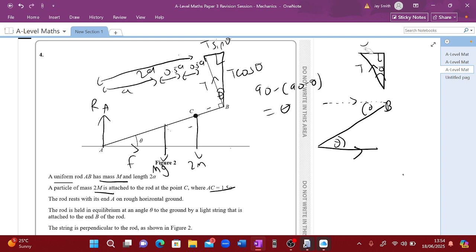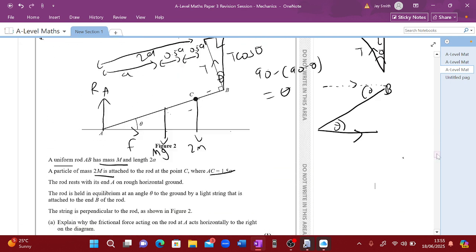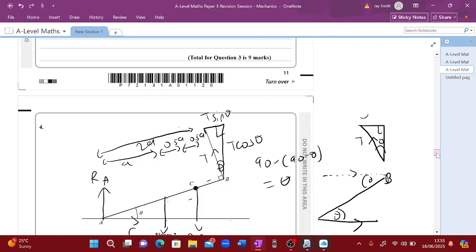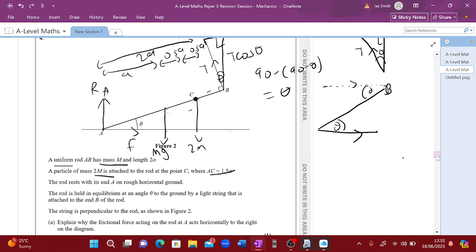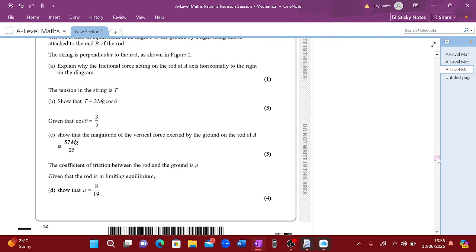There we go. So we've got all our forces resolved now to up and down. Like I said, if you did the other way and resolved perpendicular and parallel, you'd have to resolve all the weights and you'd have to resolve F and R A. I don't fancy doing it. It was hard enough trying to get this T resolved. But there we are, and that's the hardest part of the question, really, I think. Again, just resolve and get all the forces down.